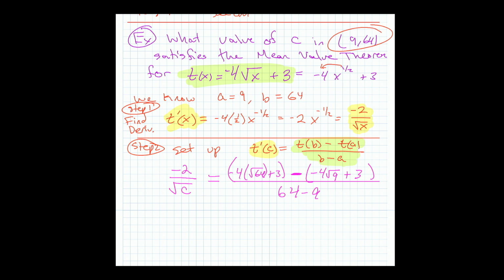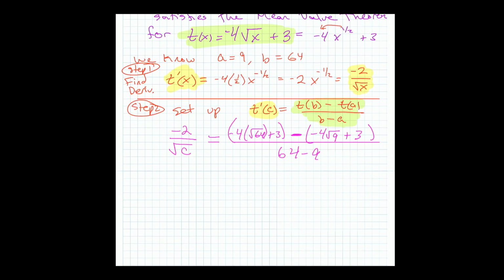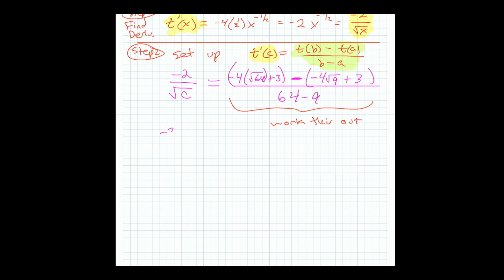All right, so you set up that equation, and on the right hand side, it's just numbers. So you just work this out. On the left hand side, you just leave it for now: 2 over square root c. So let's see here. The square root of 64 is 8.